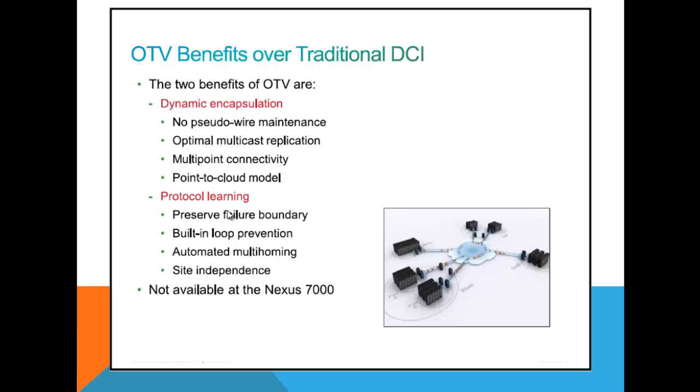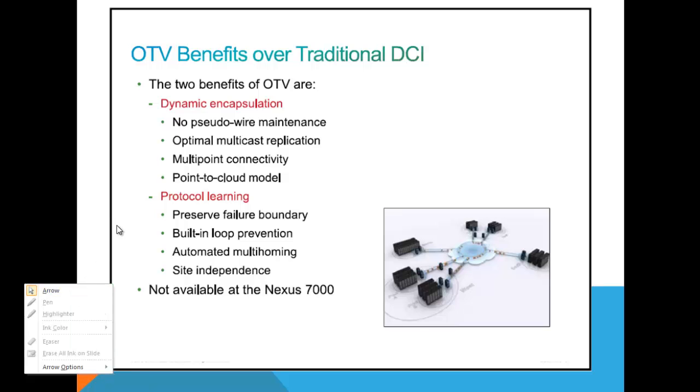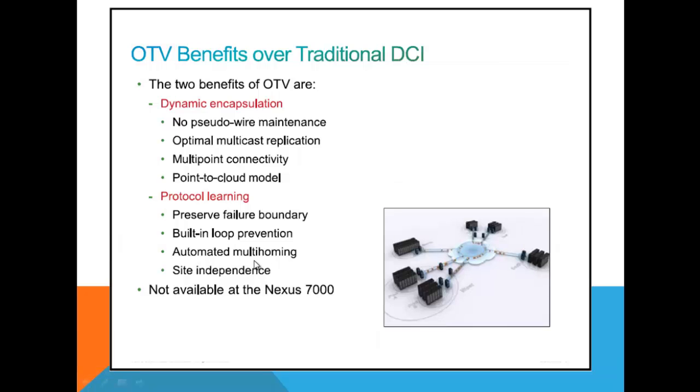So we can also call it a point-to-cloud model. It has an inbuilt loop prevention mechanism. So if one of the data centers goes down, the other sites, because they are independent, are not going to be disturbed. And if there are multiple edge devices, you can form neighbors with multiple edge devices, called multi-homing.